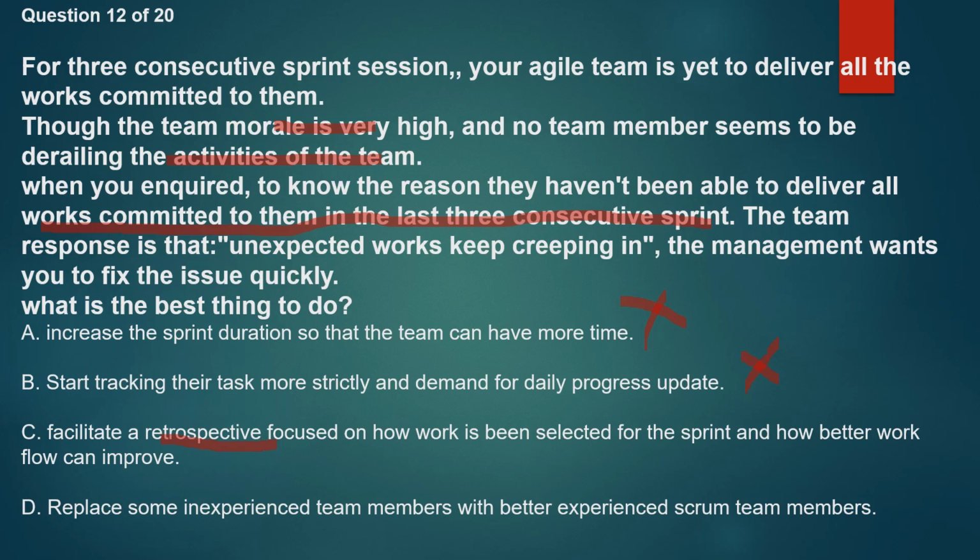Retrospective. A retrospective is a meeting that takes place at the end of each sprint, and the primary reason is for the team to know what they did really well. That is the first question they ask themselves in the retrospective meeting.